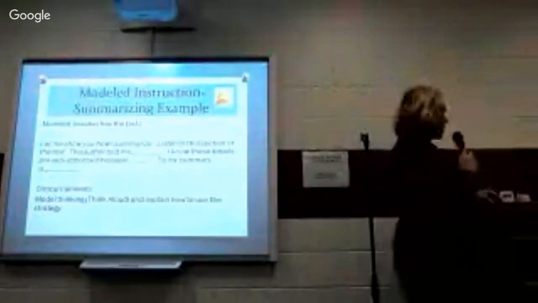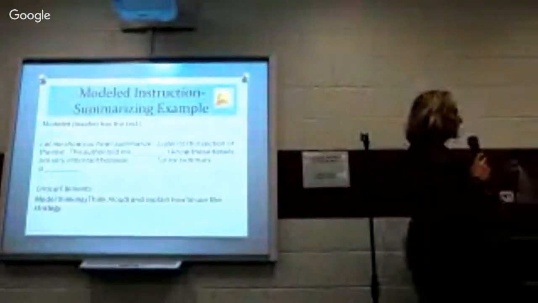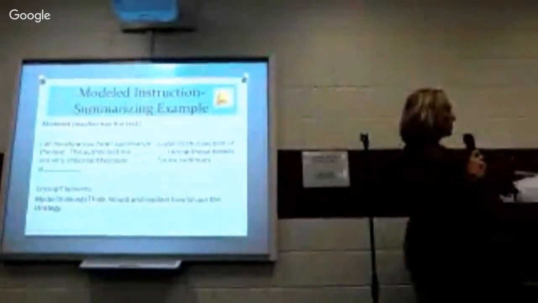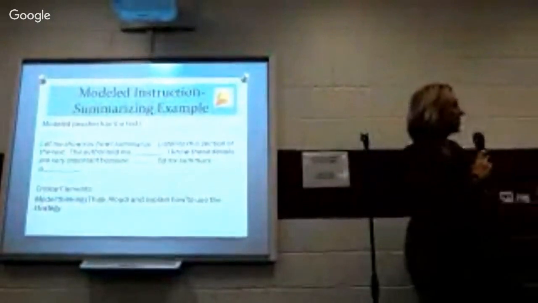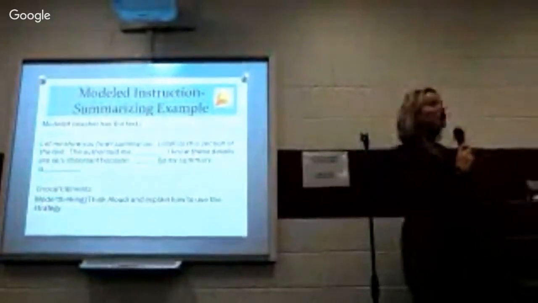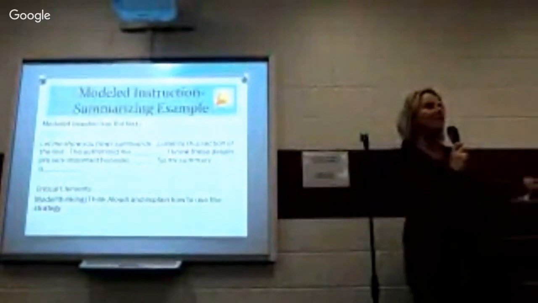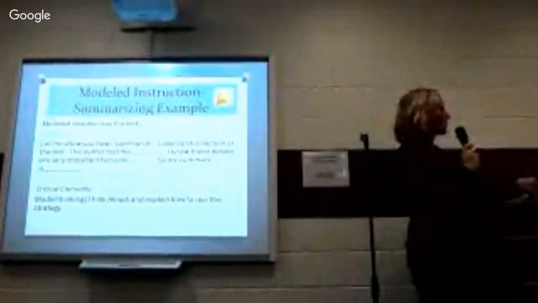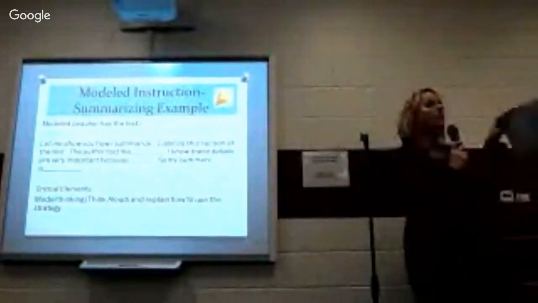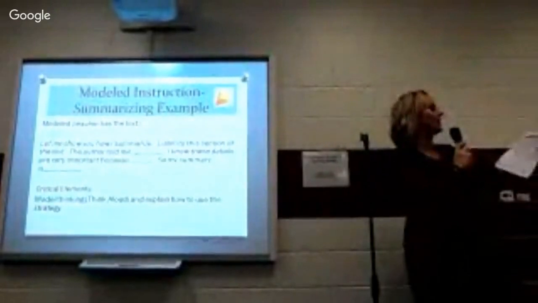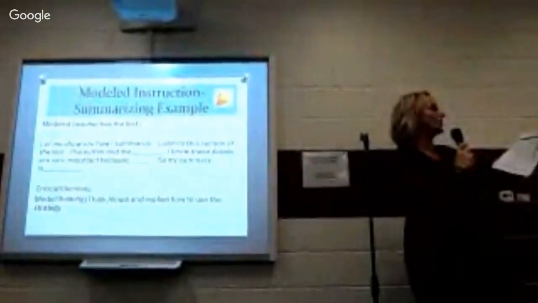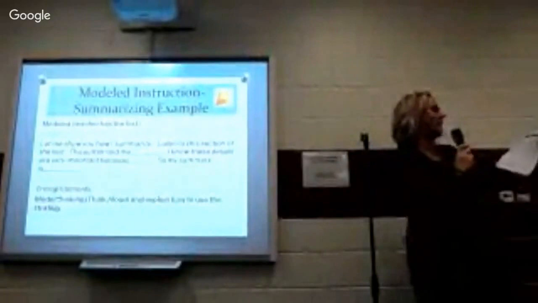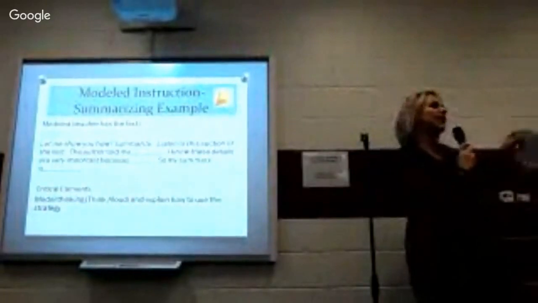So in that package where we ripped off the note-taking guide, on the second page, there's a front and back strategy card, and this one is on summarizing. The front of that card explains what summarizing is and how teachers can make an anchor chart to teach how to summarize.